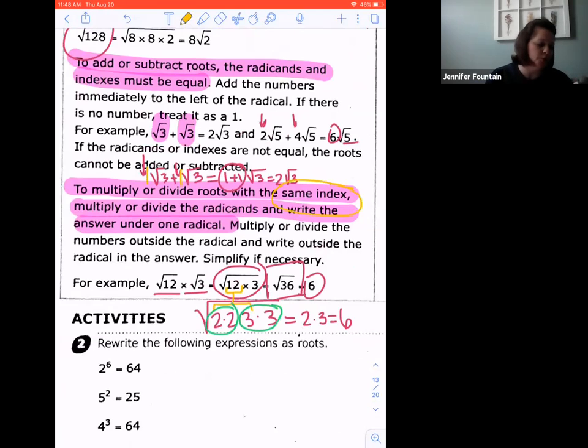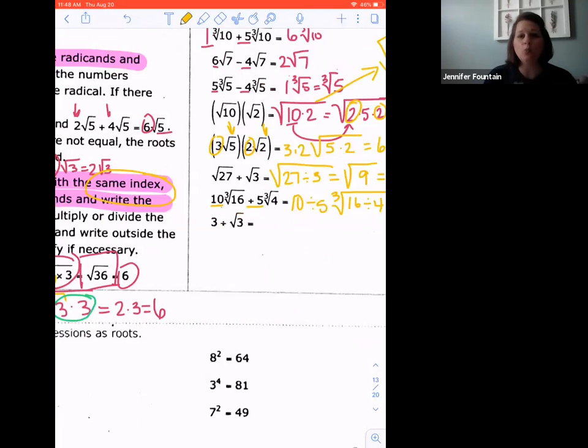Right here: to multiply or divide roots with the same index. Well, in this one, only one of my numbers has an index, and that is the square root of 3. So let's think about this for a minute. How could I turn my whole number 3 into a radical?